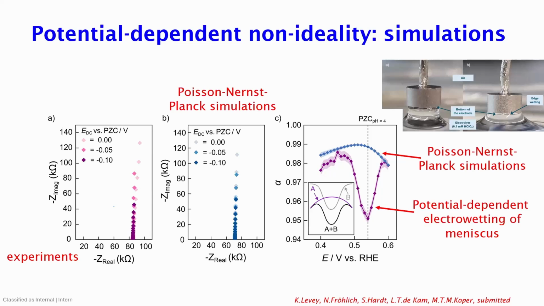We've been trying to embed the electrode in a holder, but that didn't work so well yet. In principle that should lower the extent of this, but it's really difficult to make a holder that doesn't leak, and that makes things worse. But our current understanding is that this non-ideality is due to electrowetting that changes as a function of potential.